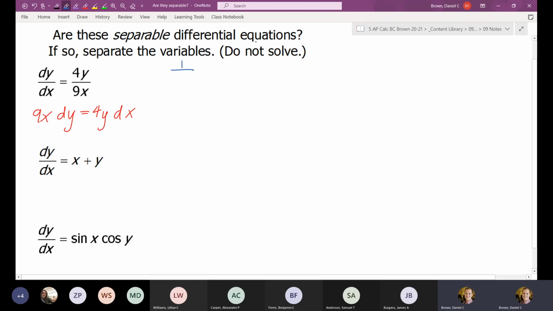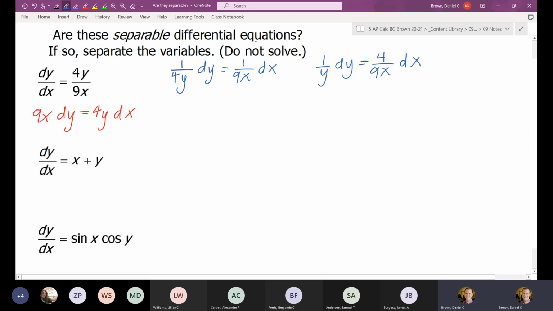You can have 1 over 4y dy is equal to 1 over 9x dx. That's probably how I would choose to separate it, but other answers that would be equivalent and correct would be 1 over y dy is equal to 4 over 9x dx.